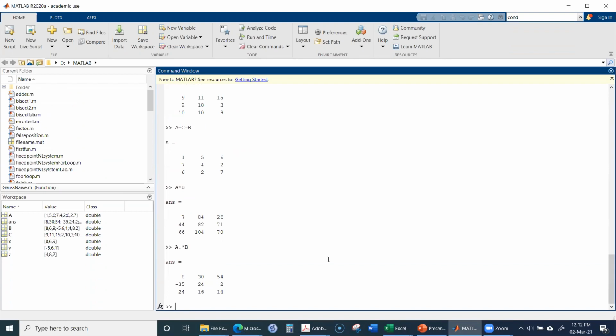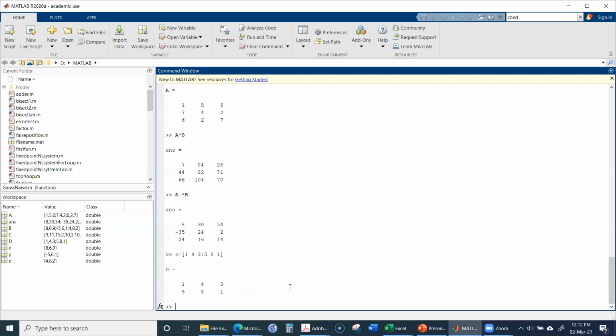Sometimes the multiplication of matrices is not compatible. For example, if I define another matrix D, which is a 2 by 3 matrix, so it is 1, 4, 3, semicolon, 5, 8, 1. This is a 2 by 3 matrix, 2 rows and 3 columns.